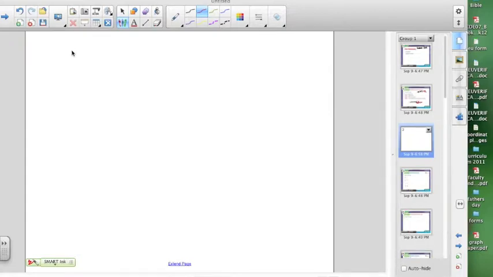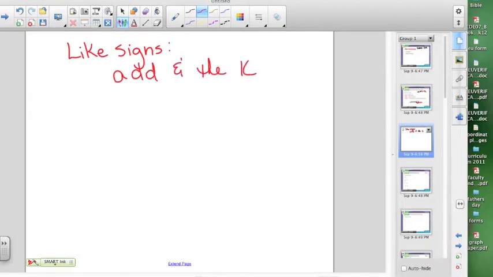Here are your rules for adding integers. If you have like signs, meaning you have two positives or two negatives, all you have to do is add and keep the sign. Very easy. Add and keep the sign if you have like signs. If you're adding and you have unlike signs, it's a little bit different.